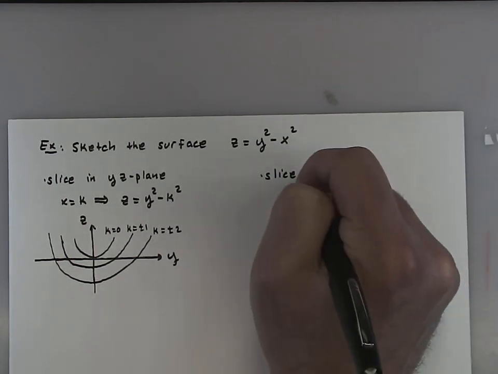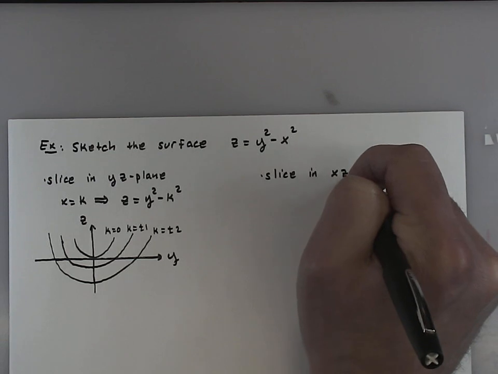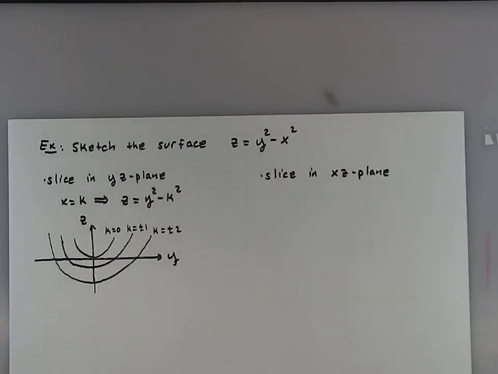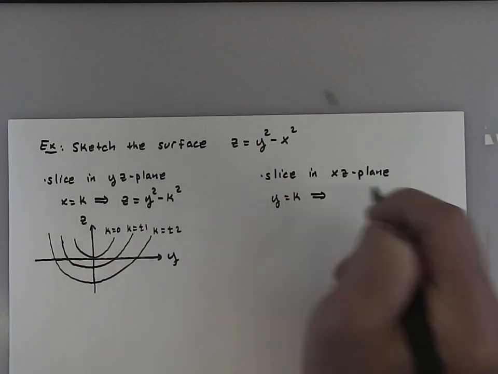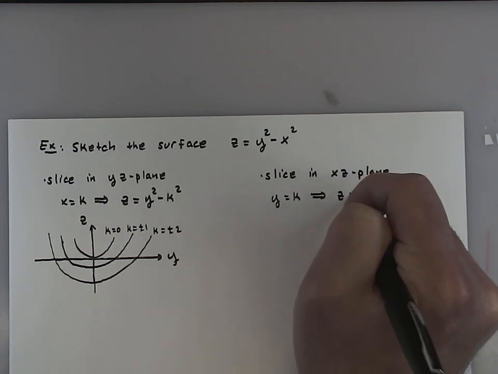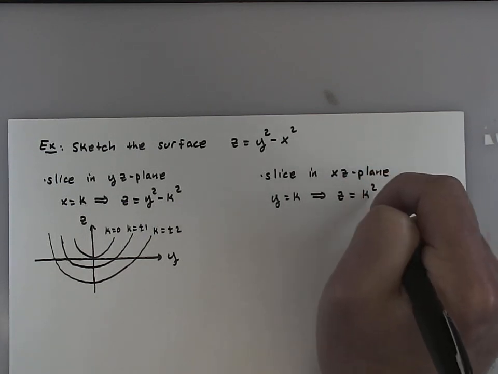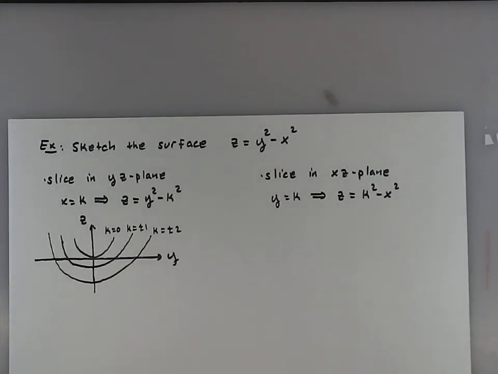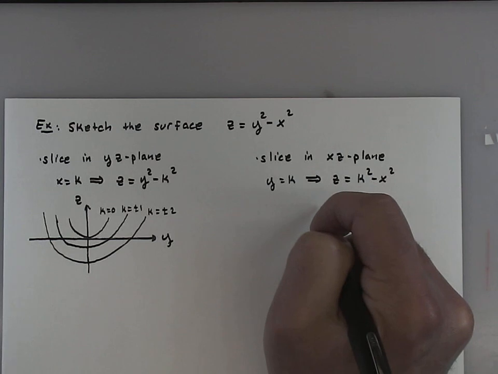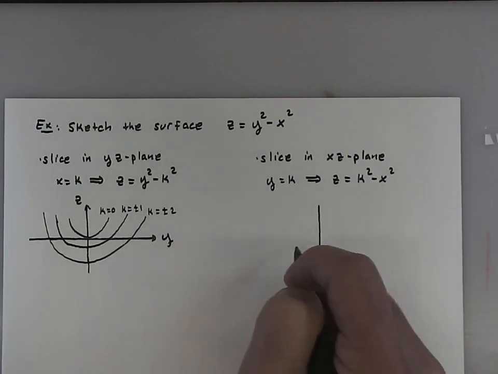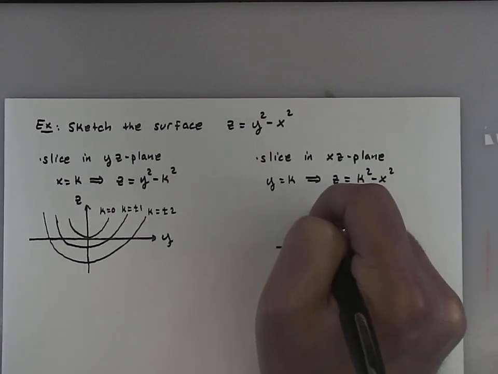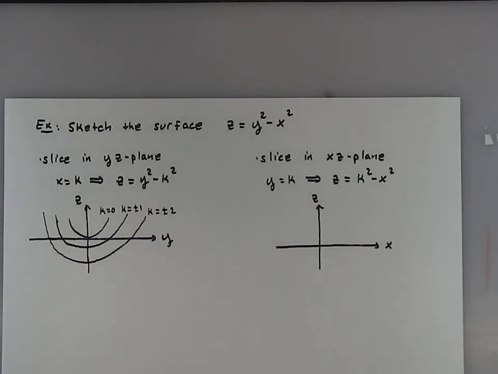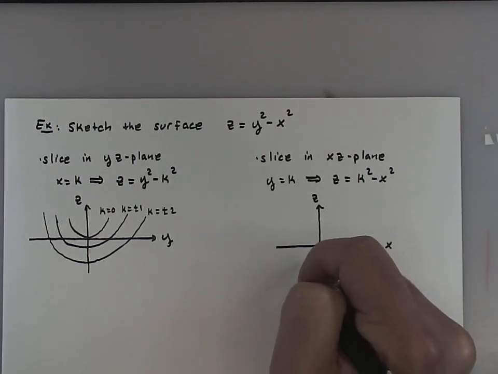If I take a slice in the xz plane, then y is a constant, which means z is equal to k squared minus x squared. So in the xz plane, if that's x and this is z, if k is 0, z is negative x squared.